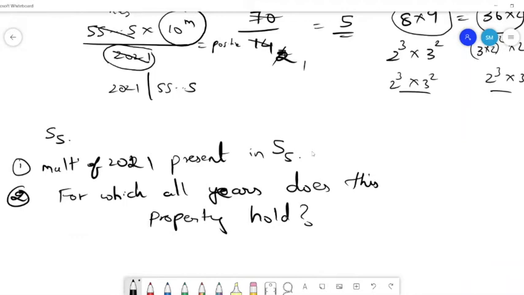We can go to 555 AD. This is already there directly. 2020 has 2 as a factor, 5 also as a factor. So 2020 has both 2 and 5.